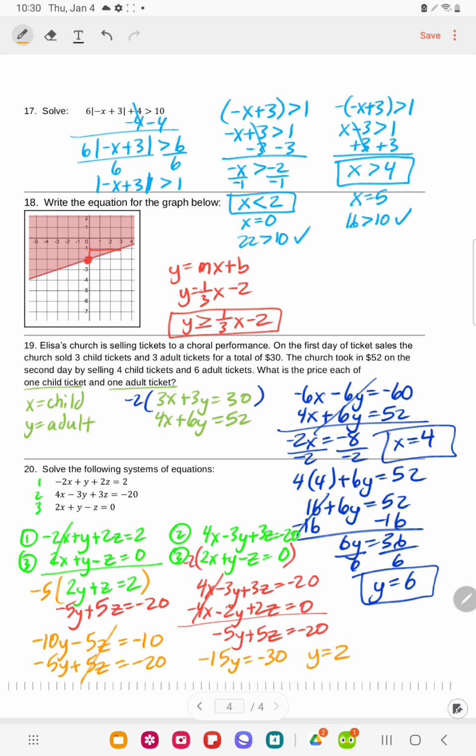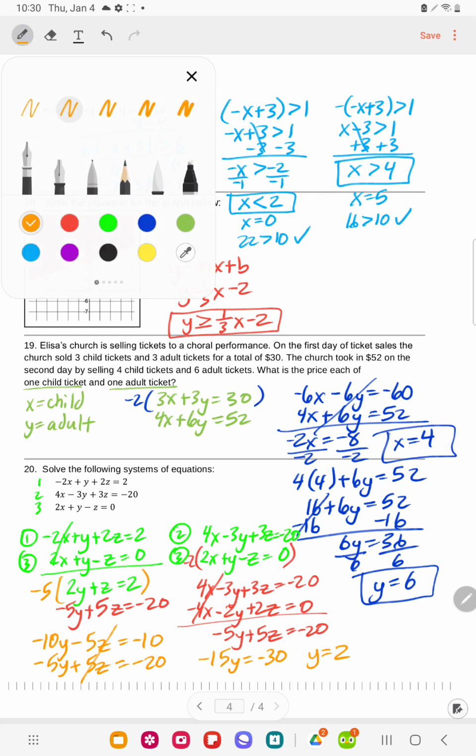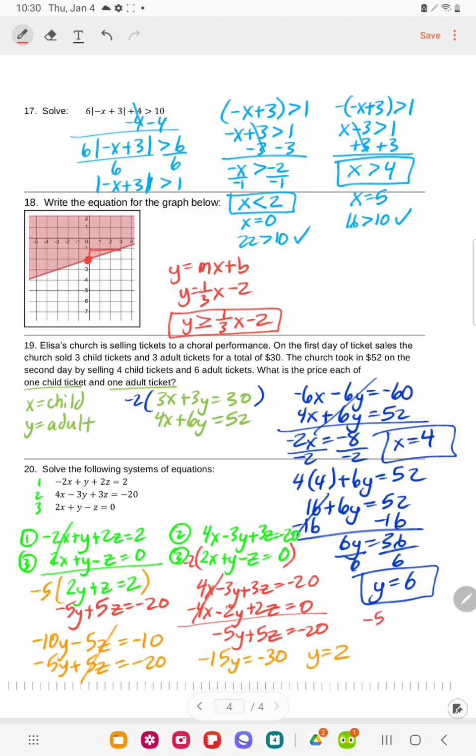So once we have y equals positive 2, we're going to substitute it into one of our equations. Let's substitute it into this red equation right here. The red equation we had was negative 5y plus 5z equals negative 20.